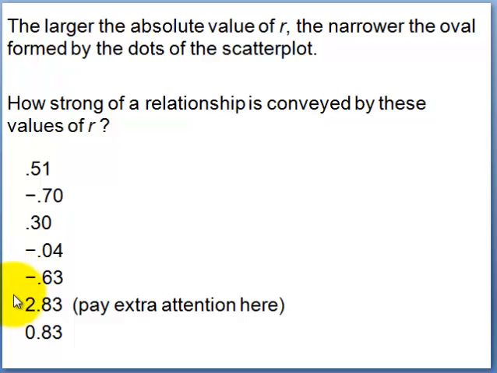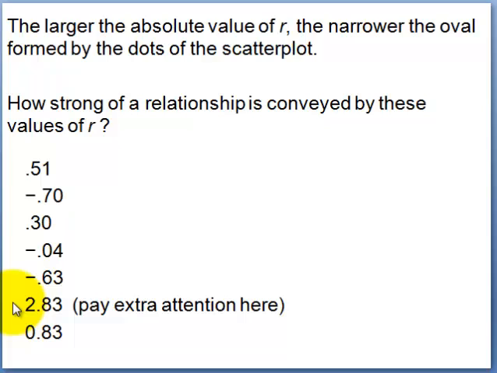So here's your trick question. What would you say if you were asked on the test how strong of a relationship between two variables is conveyed by an r of 2.83? The key point here is that r may vary from minus 1 to plus 1. There is no such thing as an r of 2.83.